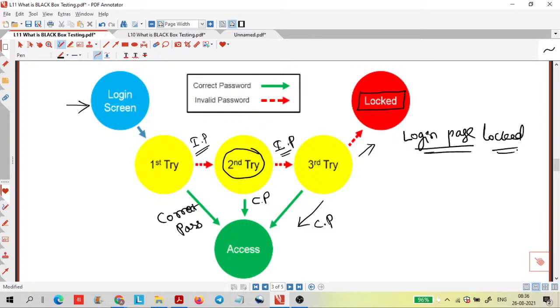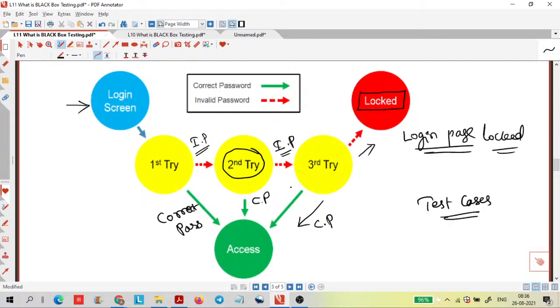Okay, I think you have observed this type of family. So in this way, you are required to test. For this particular scenario, for this particular state transition, you need to write the test cases.